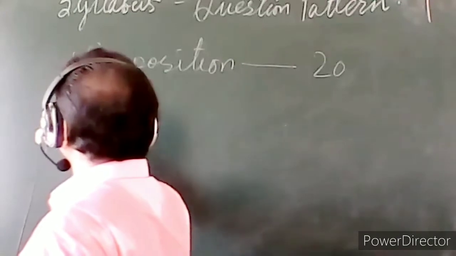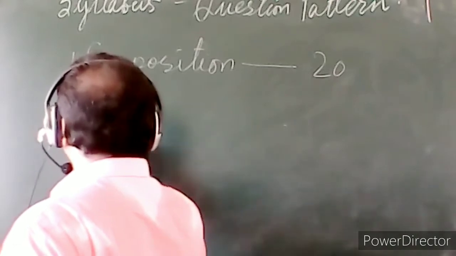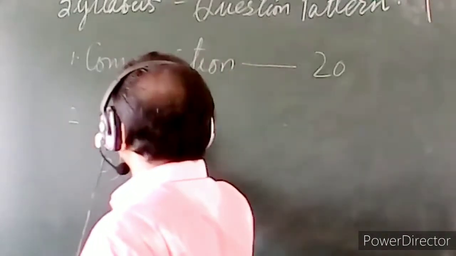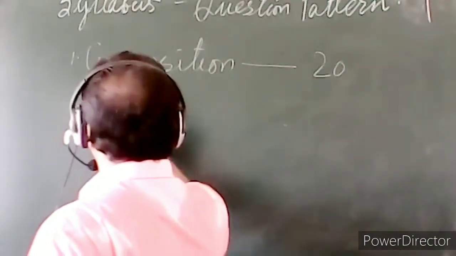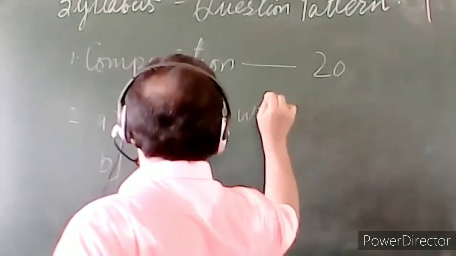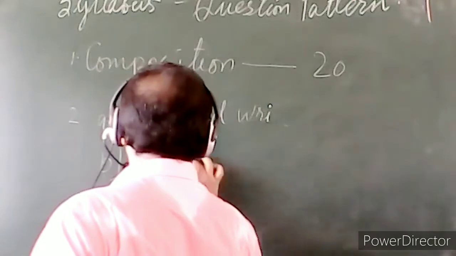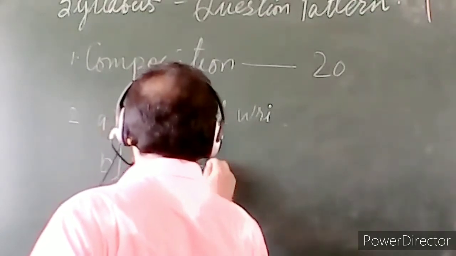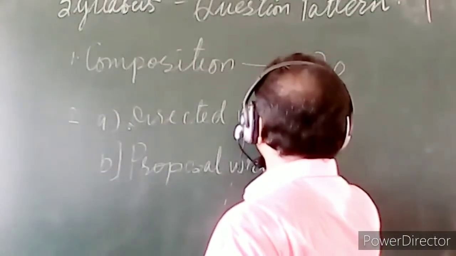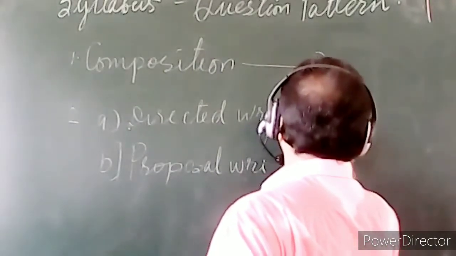Question number 2, you have A and B. In A, it is direct writing, and B is proposal writing. This carries 15 marks, this 10 marks. Put together, it is 25.